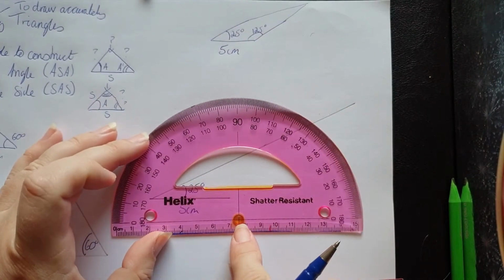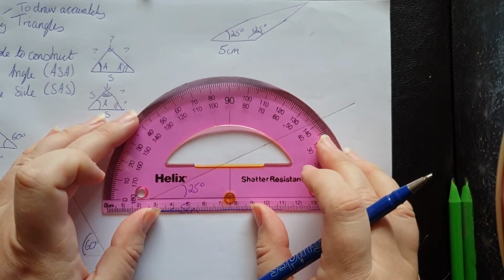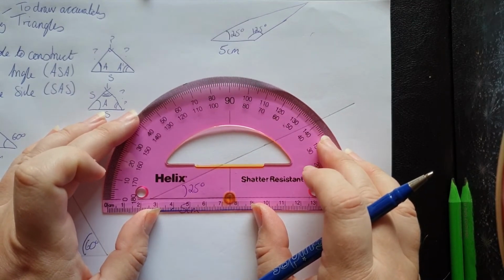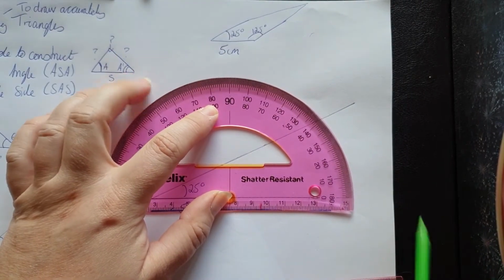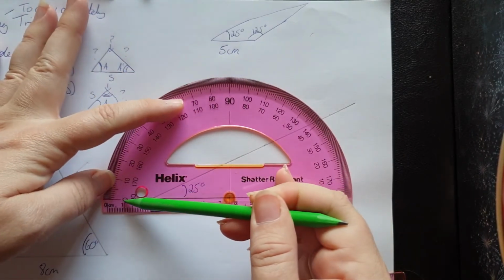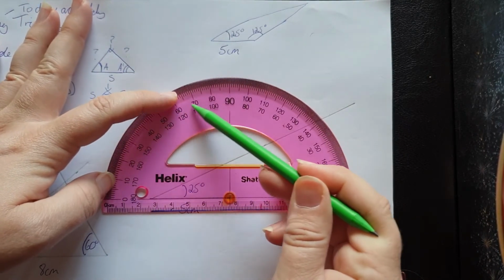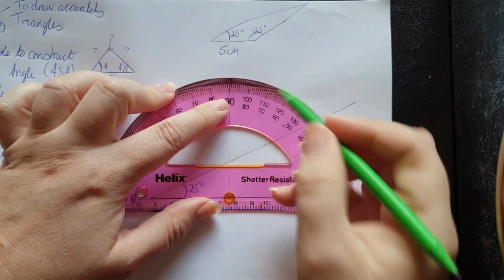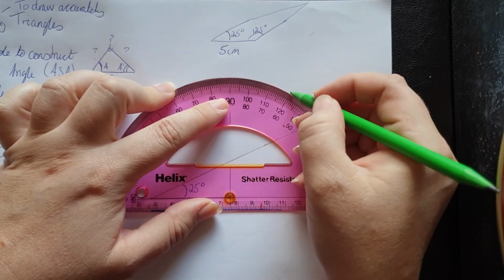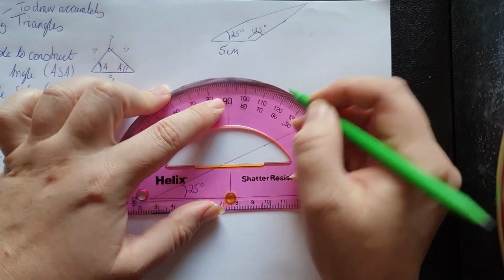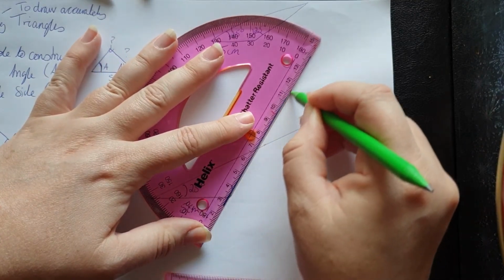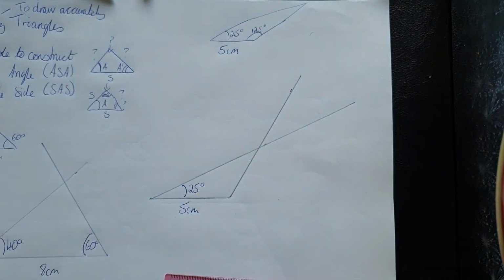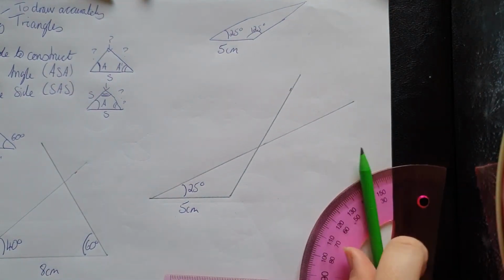So again, pivot point on pivot point, base on base, going from 0, 20, 30, 110, 120. There we go. Didn't need to draw that as long as I did, but it doesn't matter. You've still got all of the key information there.